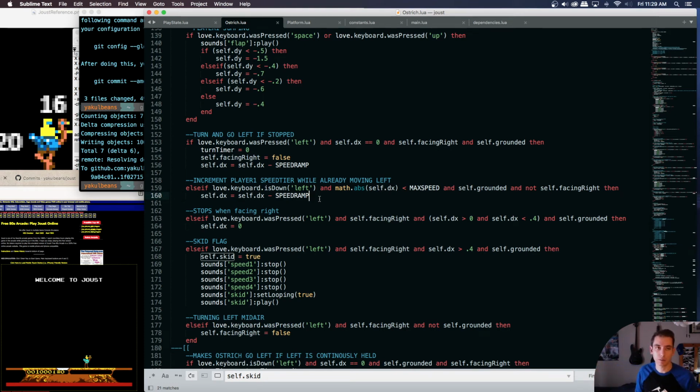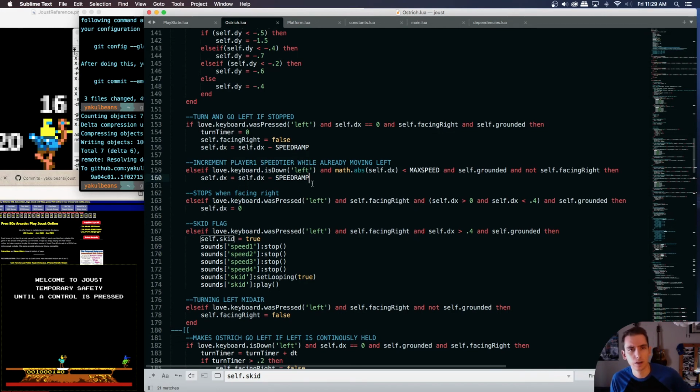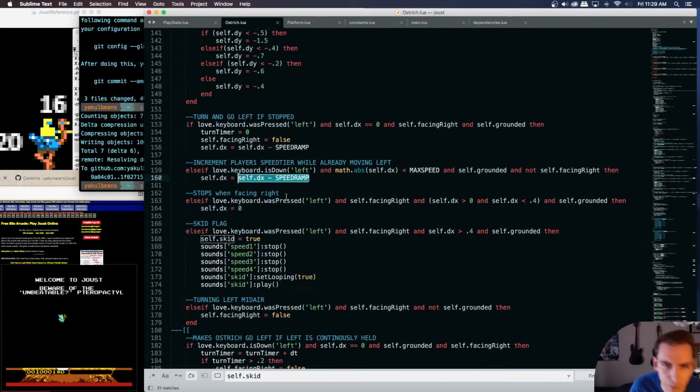But I'm getting some issues where if I am going right, holding right, then I hold left, it does its little skid thing. But then if I let go of right, sometimes he just keeps going right when left is held. But if left is down, we should be getting the negative speed ramp, and I don't get why that's not the case.